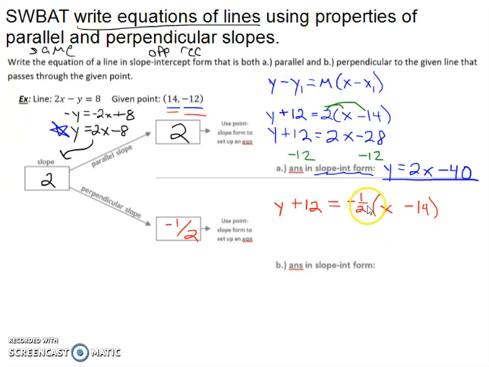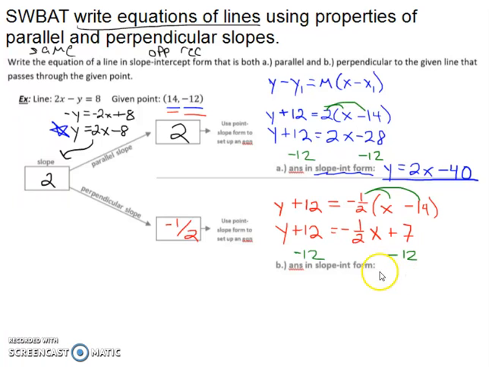I'm still going to start by distributing that negative 1/2, which gives me y plus 12 is equal to negative 1/2 x plus 7. I did negative 14 times negative 1/2. And our last step to get y by itself is to subtract 12.